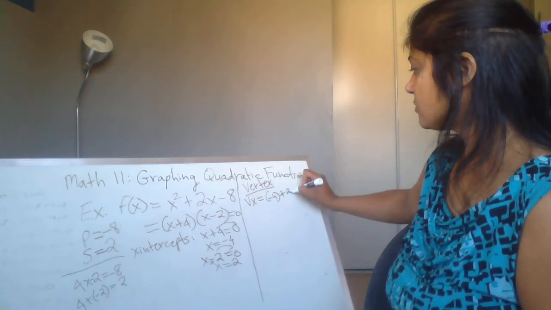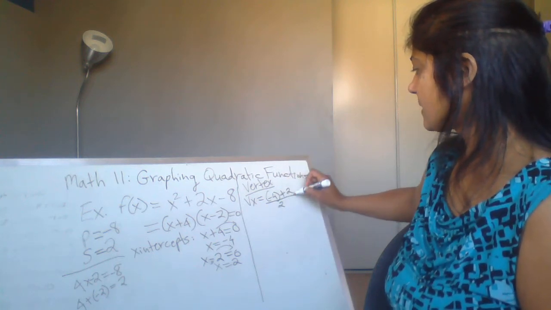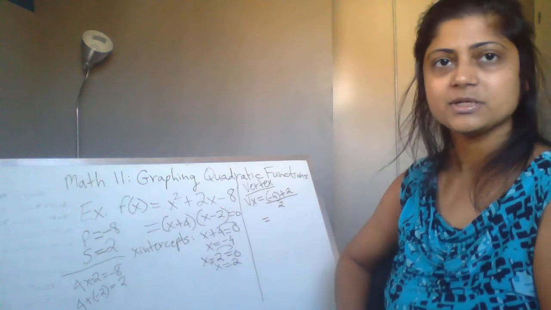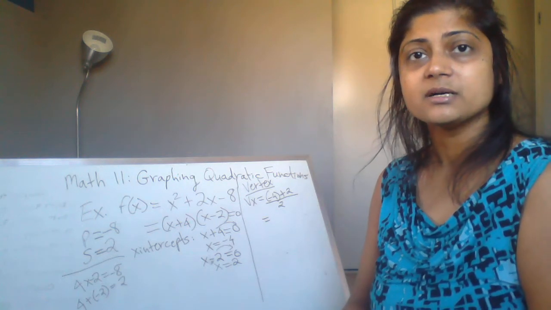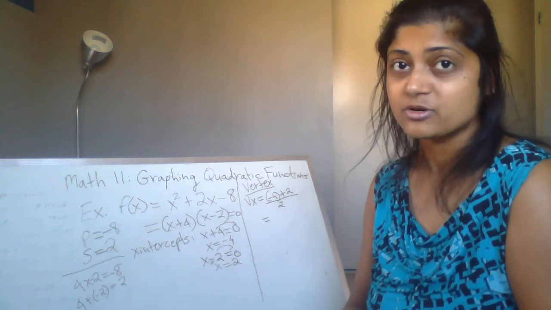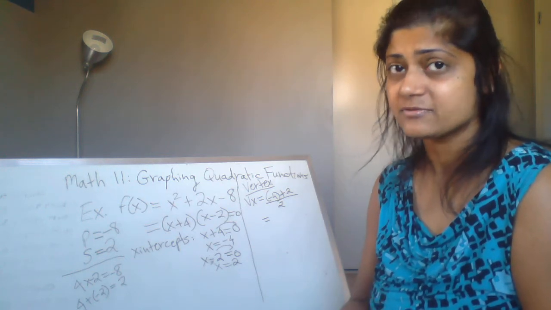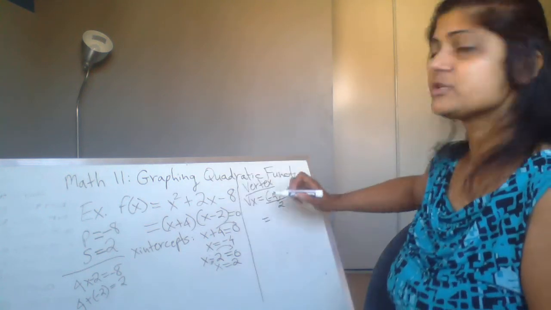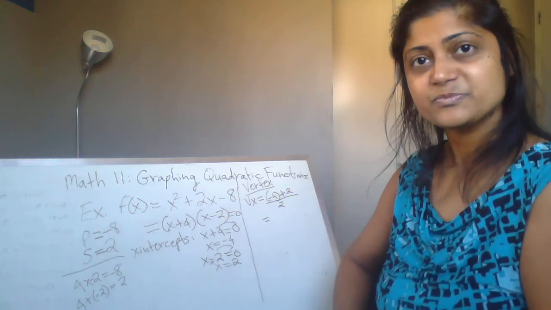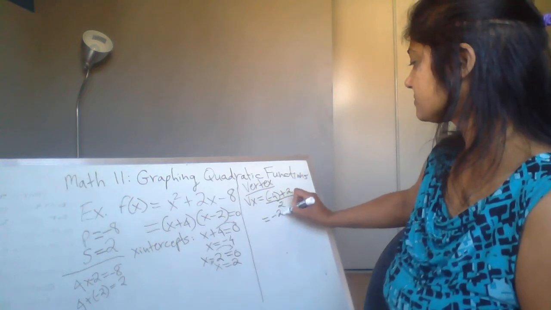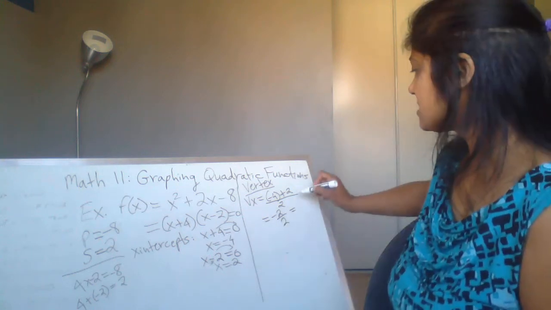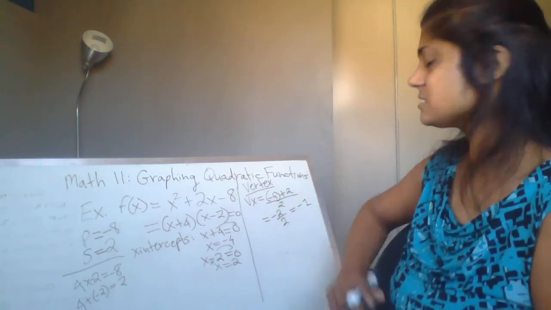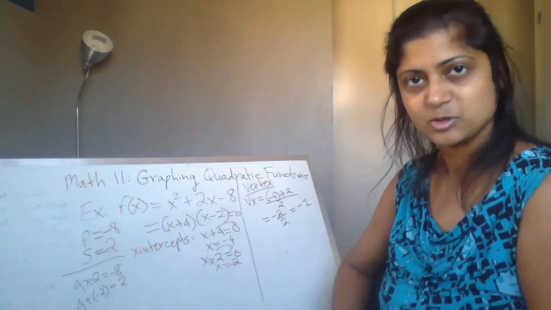We're doing negative 4 plus 2 divided by 2. The reason we're dividing by 2 is, remember, the parabola is symmetrical on both sides. So negative 4 plus 2 is negative 2, divided by 2, and this is equal to negative 1. So this is the x point of my vertex.